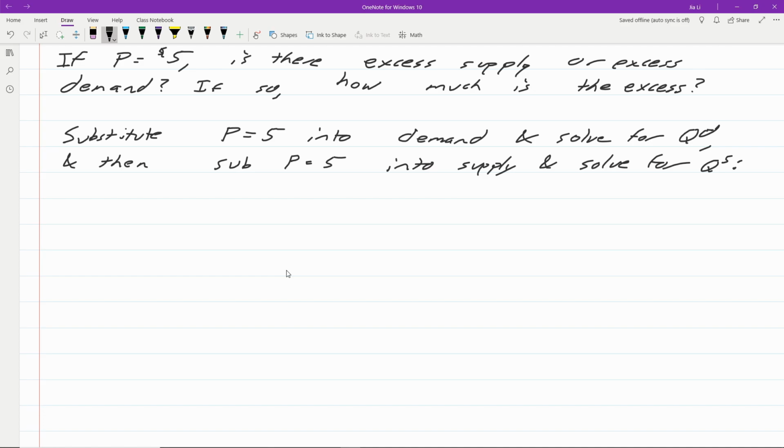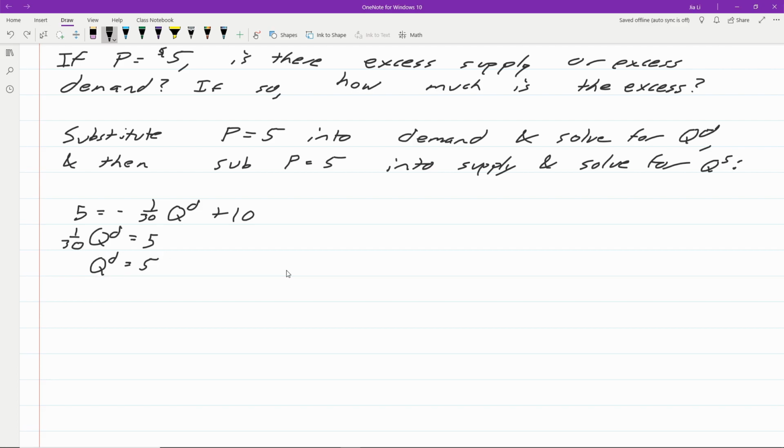So we have 5 is equal to minus 1 over 30 QD plus 10. If we work out the math here, I'll just show you the short version. Our quantity demanded should end up being, oh, whoops.